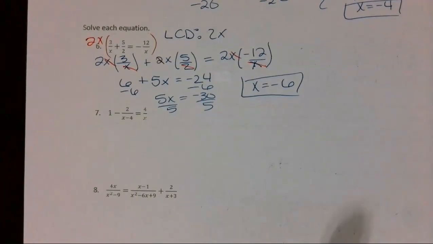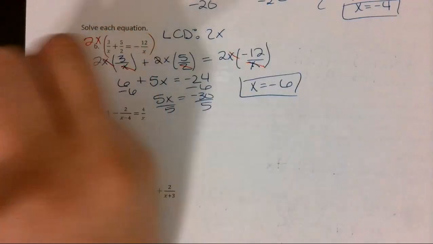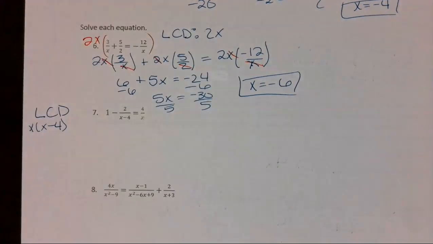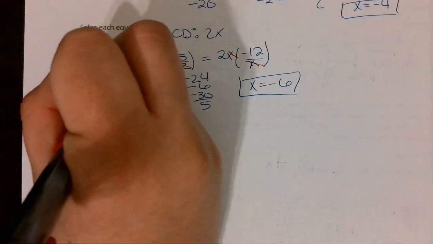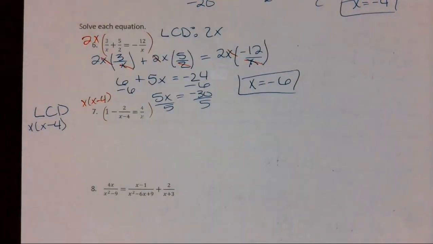Okay. Number 7, I'm going to write my LCD off to the side. It is x times x minus 4. So I want to multiply my equation by that. I'm going to rewrite out here.